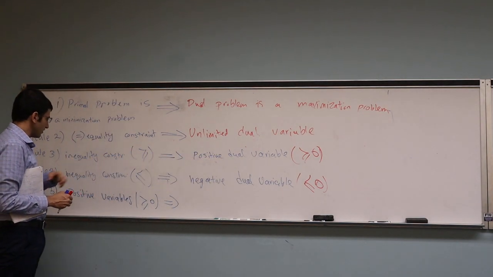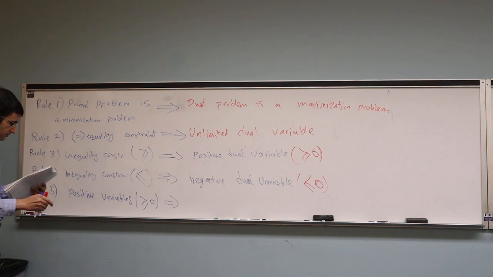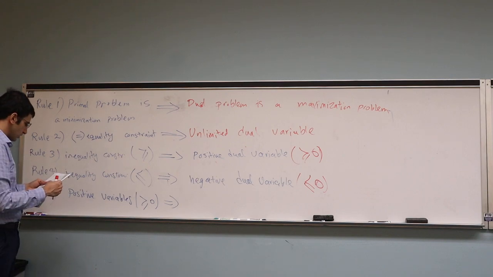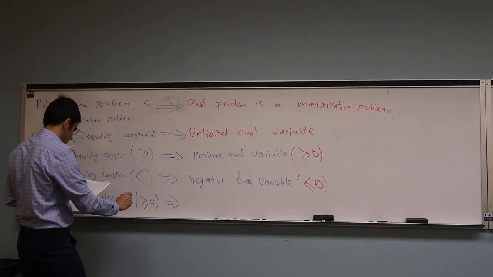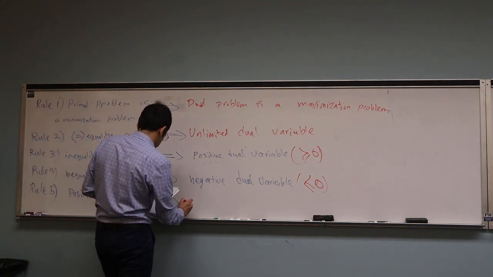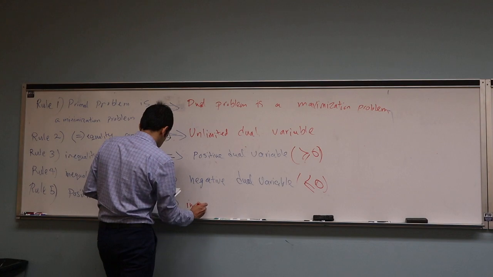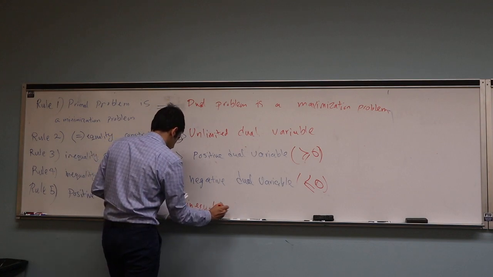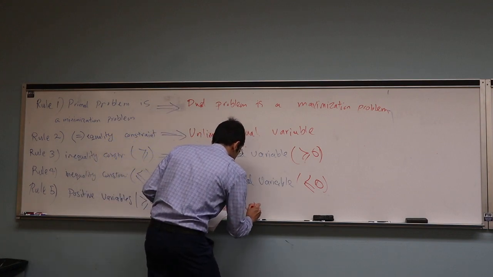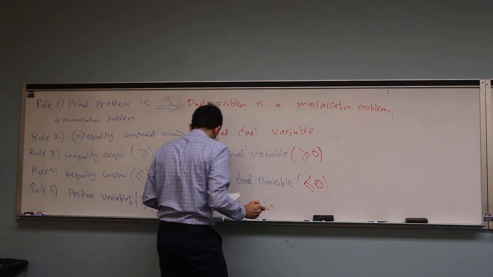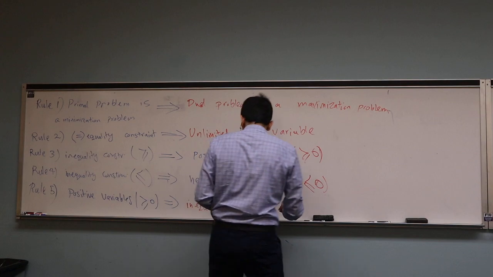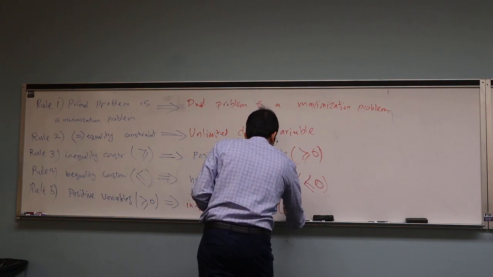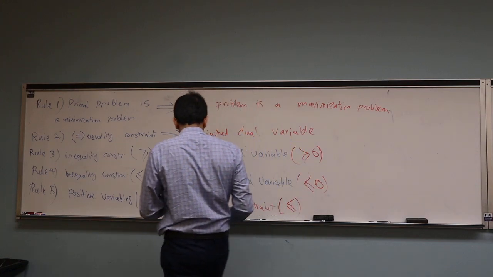What happens? I have an inequality constraint. So if you have a positive variable, we will have an inequality constraint. That's going to be less than or equal to.